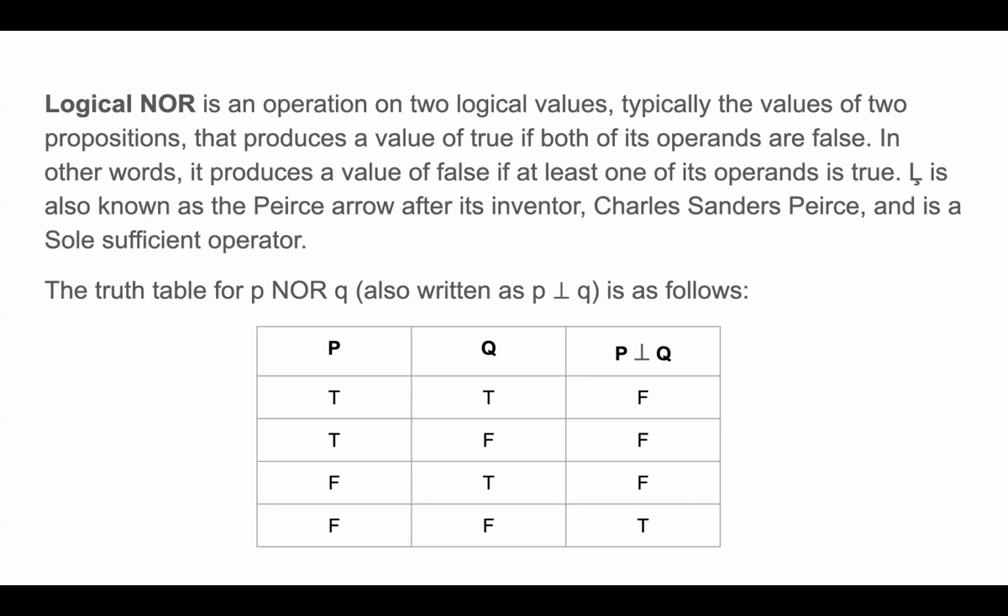P is true, Q is false, P NOR Q is false. P is false, Q is true, P NOR Q is false. And only in the last case, where P or Q was false, here in P NOR Q, when P is false and Q is false, P NOR Q is true. It is exactly the opposite of the OR operation. NAND operation is the opposite of the AND operation. NOR operation is the opposite of the OR operation.